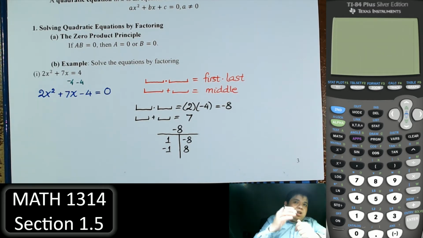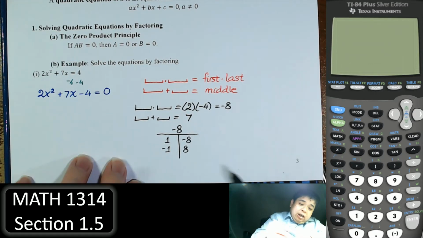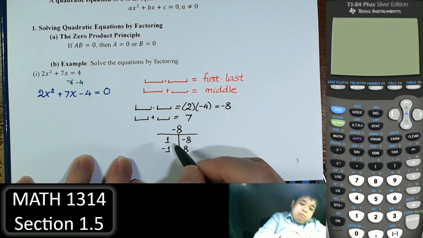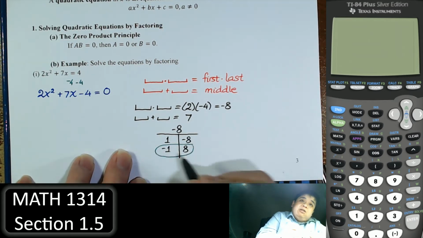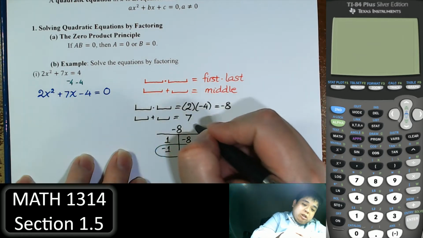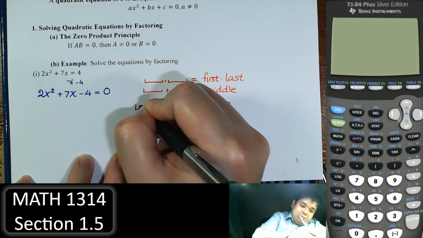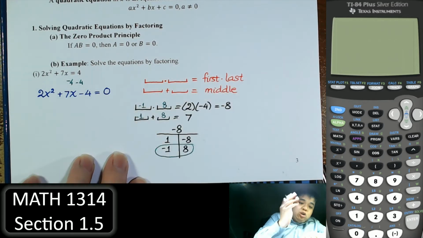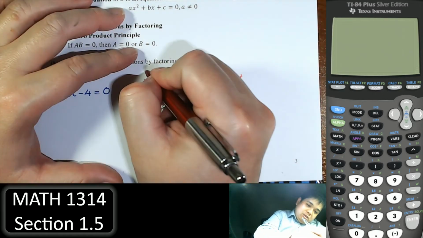Just think about integers here. Now, we look for which pair adds up to 7, and we see that negative 1 and 8 add up to 7, right? So that is the right pair. So we find 2 numbers that satisfy this condition.